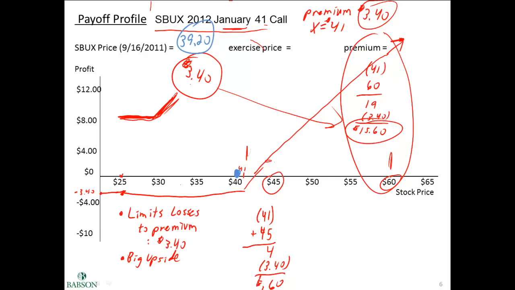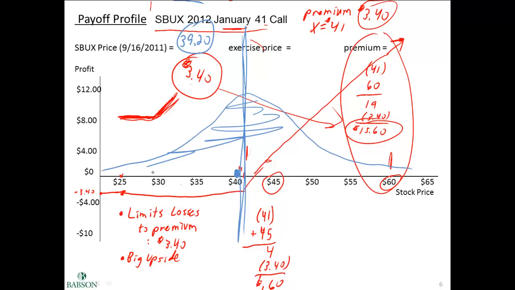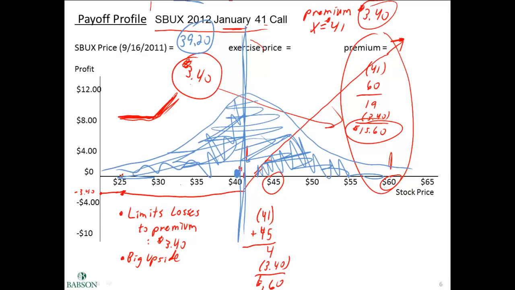So the question is, what's the chance that Starbucks stock is going to decline in value versus the chance that it's going to increase in value? We can see that there's a wide variation on the potential future stock prices of Starbucks, and anything above here, and the option will finish in the money. Anything below here, and it's going to finish out of the money. And so the riskiness of a stock matters.